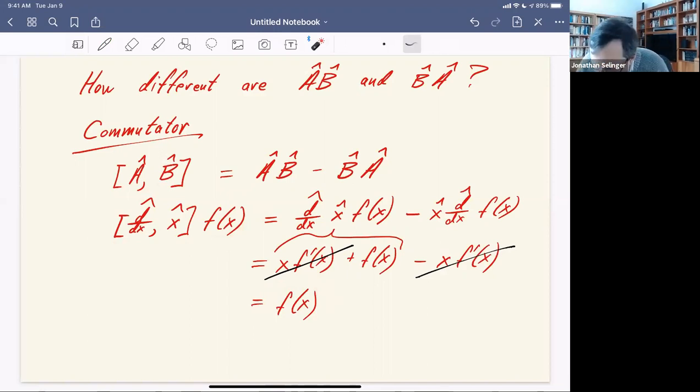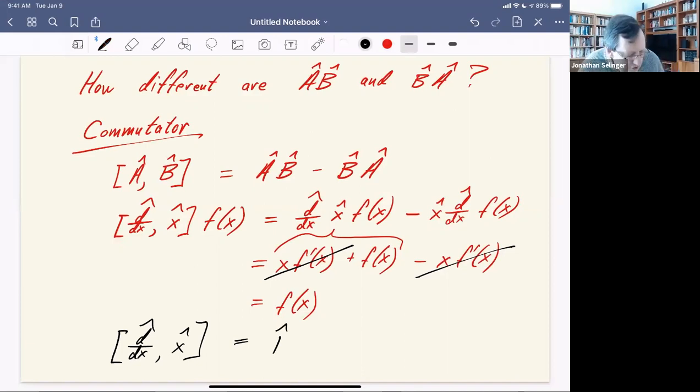Now we can make the abstraction and say if the commutator acting on any function f of x just gives you that function, that means that the commutator as an abstract operator, d by dx comma x, as an operator is equal to 1, the operator that means multiply by 1.